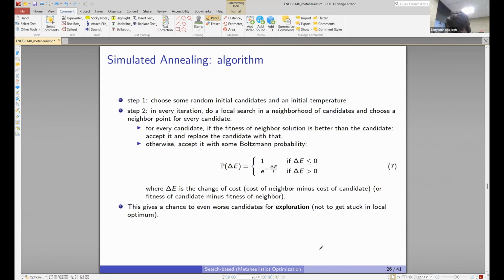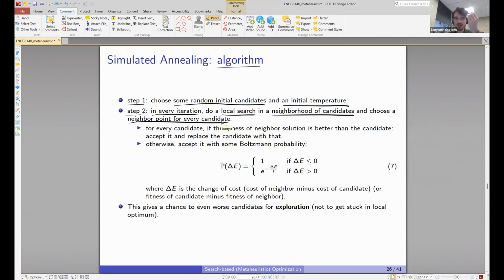Okay, simulated annealing algorithm. In step 1, choose some random initial candidate solutions, like the particles or candidates that we had in PSO and genetic algorithm respectively. So choose some random initial candidates and an initial temperature. In step 2, in every iteration, do a local search in a neighborhood of the candidates and choose a neighbor point for every candidate.